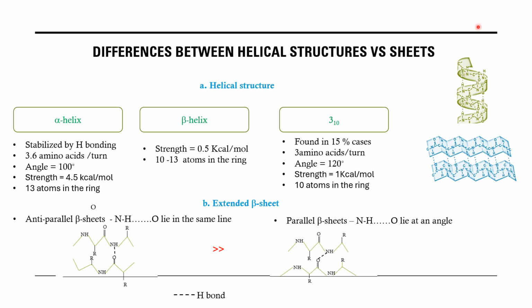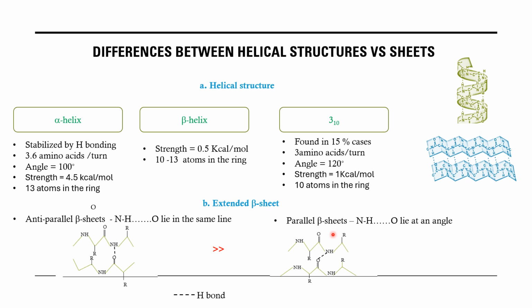Moving to beta sheet, beta pleated sheet can be of two types. You have anti-parallel beta sheets and the parallel beta sheets. In case of anti-parallel beta sheets, you can see here in the diagram, nitrogen, hydrogen, and oxygen lie in the same plane or same line to form hydrogen bonds.